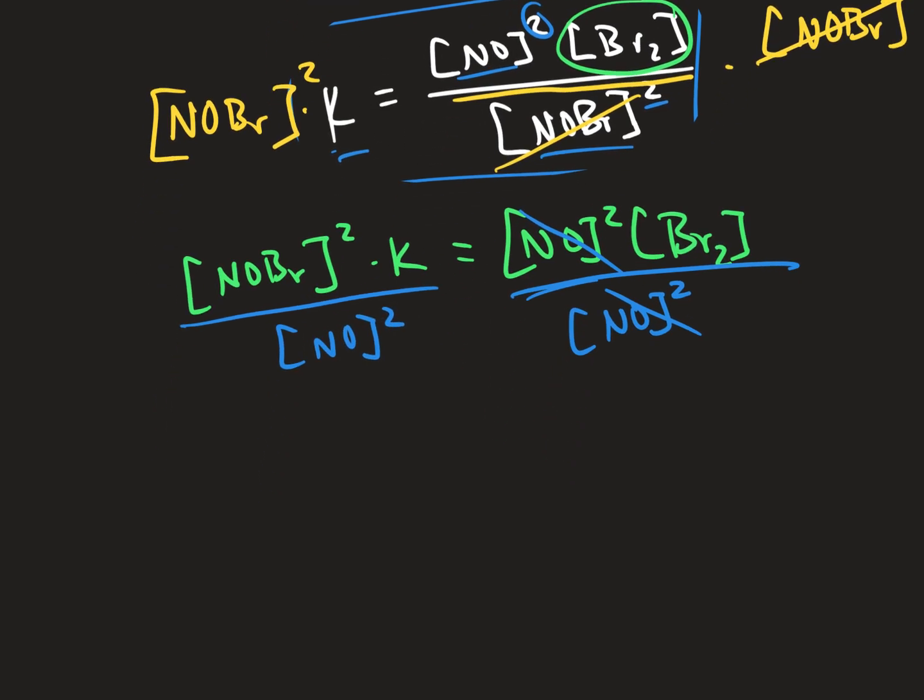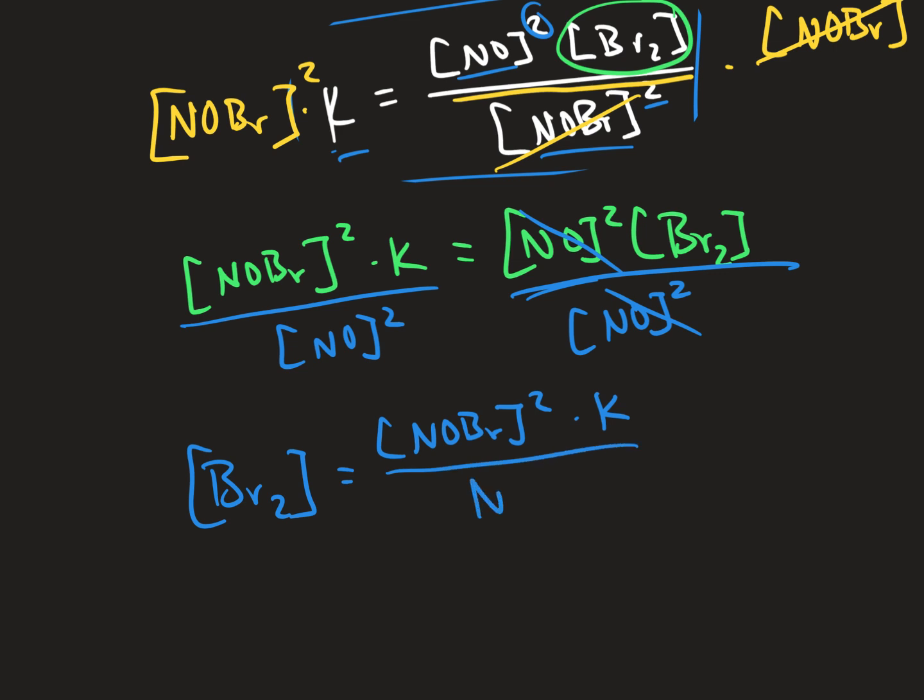And we're left with the concentration of Br2 is equal to the concentration of NOBr squared, multiplied by the equilibrium constant K, divided by the concentration of NO squared. You guys okay that I put Br2 on the left side? I kind of just flip-flopped it. Okay?